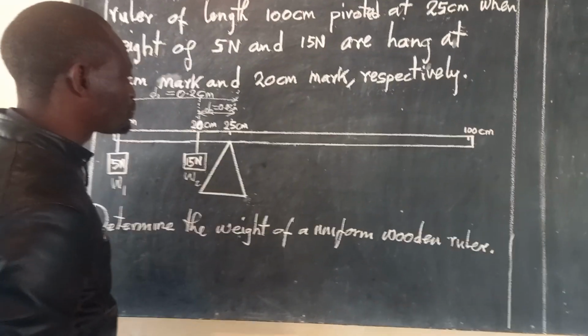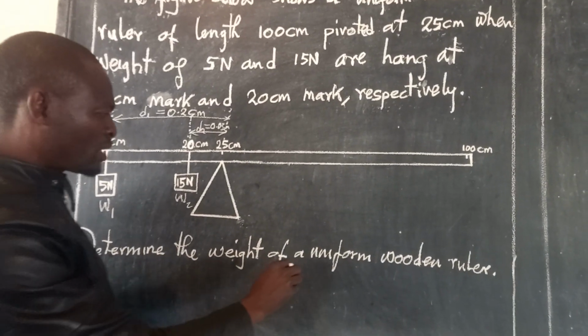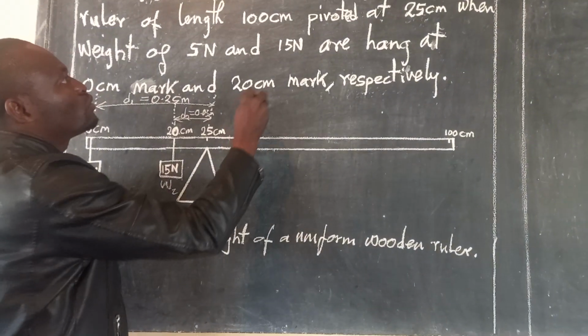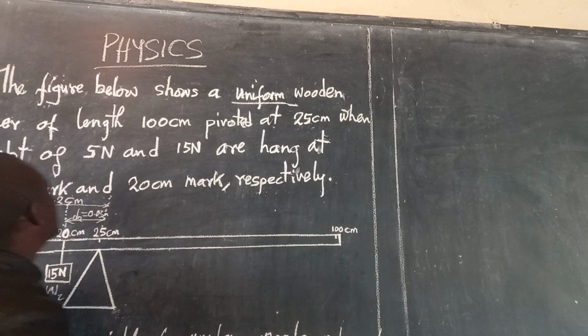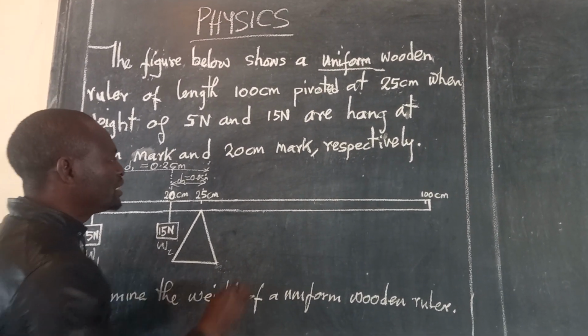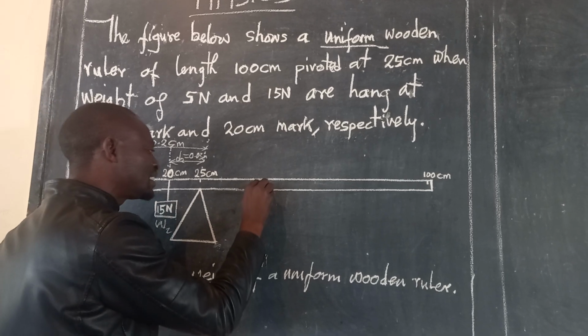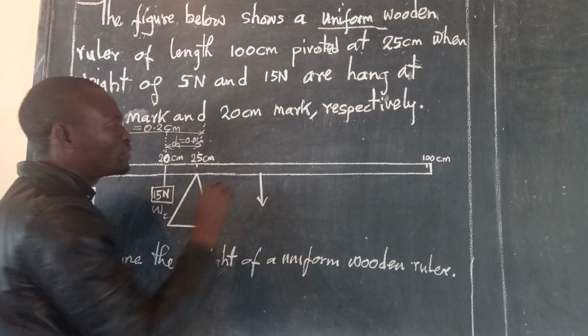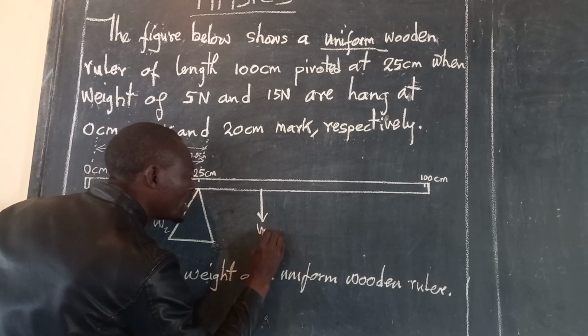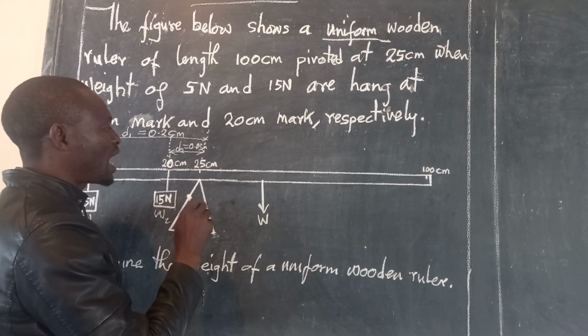Okay? Now, we are requested to determine the weight of the uniform wooden ruler. Meaning, we are told that this wooden ruler is uniform, meaning its mass is concentrated at its center. If this is the center of the uniform wooden ruler, then all its weight is concentrated at the center.